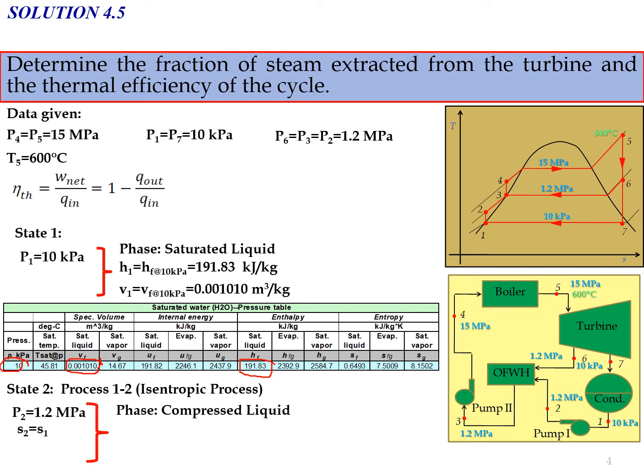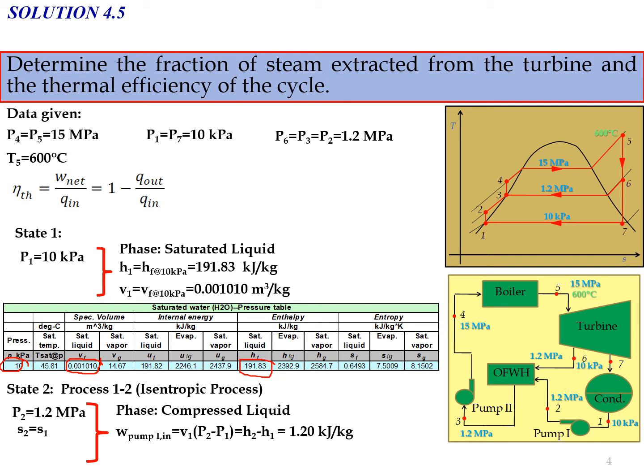So here we know that the state is compressed liquid, and from the equation, work pump in is equal to v1, the specific volume at state 1, times P2 minus P1. It is also equal to h2 minus h1. From this calculation, we get the work pump in equal to 1.2 kilojoule per kg.